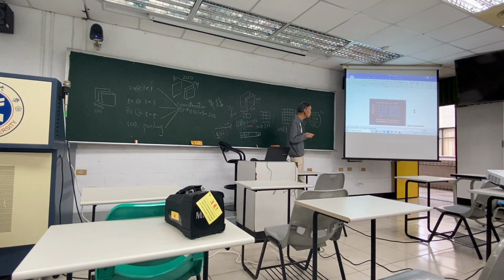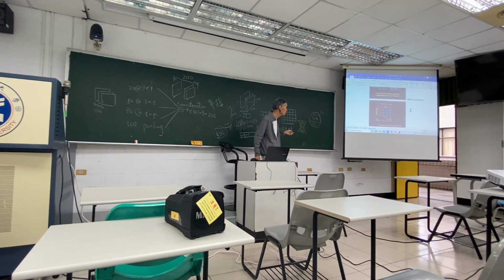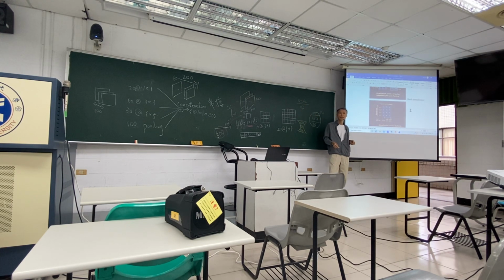But for layer normalization, we calculate the mean for each sample along all features, and then we do the normalization. That's what the normalization means, okay, we do something like this.